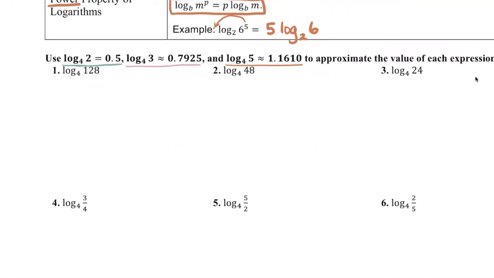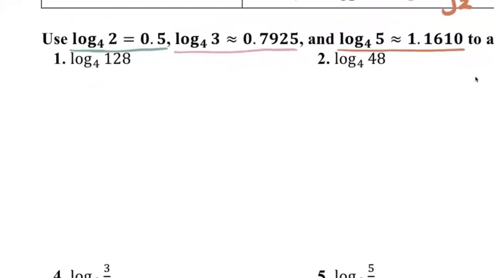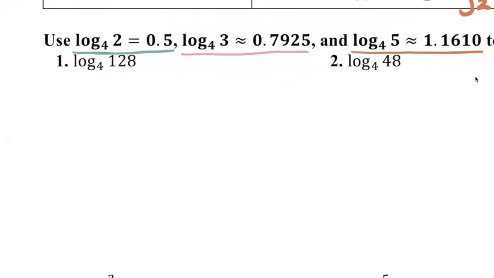So for example, let's do number 1. Log base 4 of 128. Okay, so in order to find out what that is, I'm going to be using either 2, 3, or 5 to get 128. All right. I feel like it's going to be the 2, right? Because it's even.